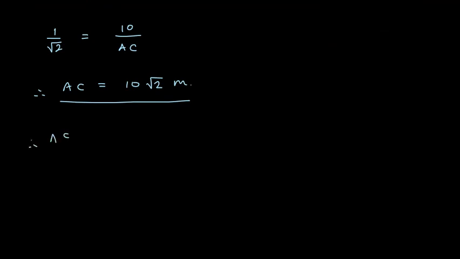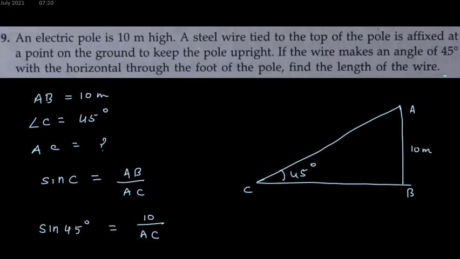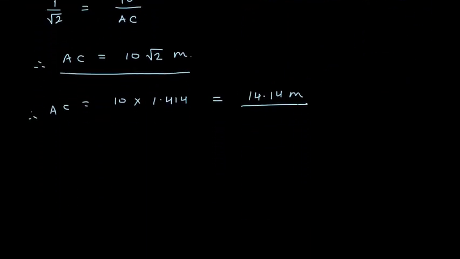Therefore this AC is equal to 10 into root 2, which is what? 1.414. So this becomes 14.14 meter. So the value of AC is 14.14 meter. And hence we can say that the length of the wire is 14.14 meter.